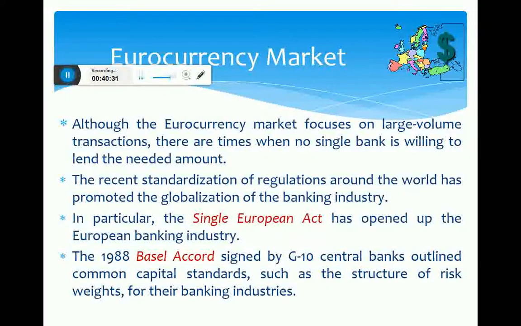In order to stop that, there are different types of organizations and different conferences held to save the world from a currency crisis. In those conferences, in those agreements or accords, they basically talk about how the dollar can be saved from getting depreciated and from becoming terminated as an international currency.